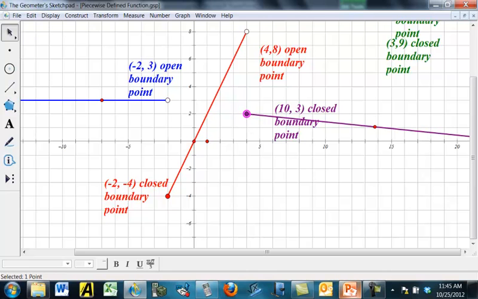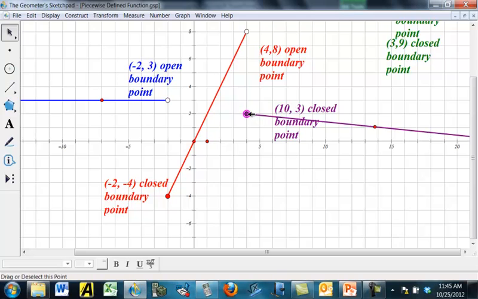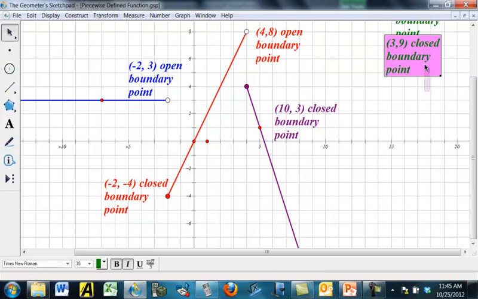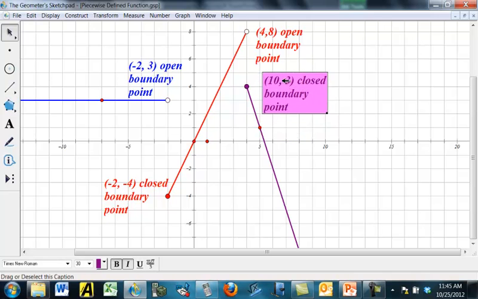Where was it? 4, 4. And it's going with a slope of negative 3. So that should go through 4, 4. And when we go the right one, we should go down 3. There we go. And this is our boundary point, is 4, 4.